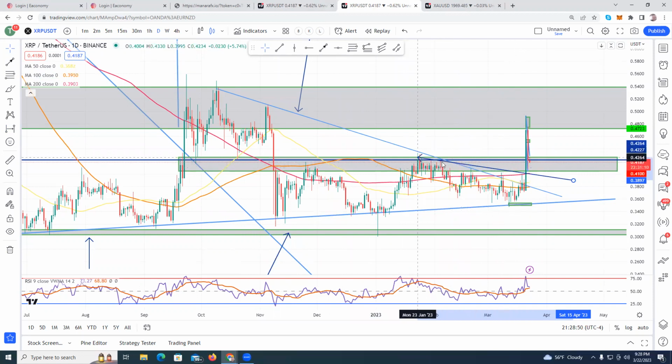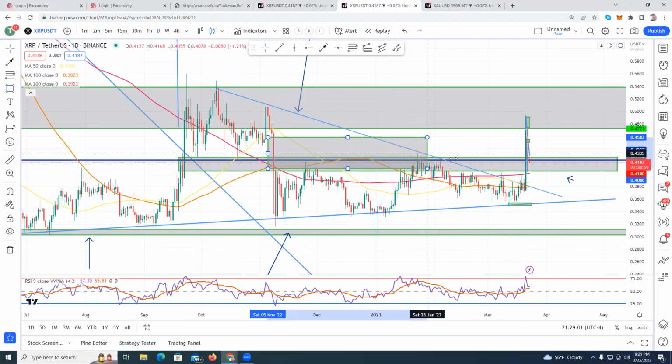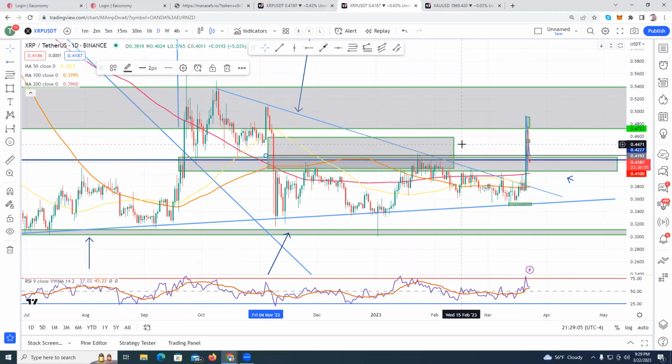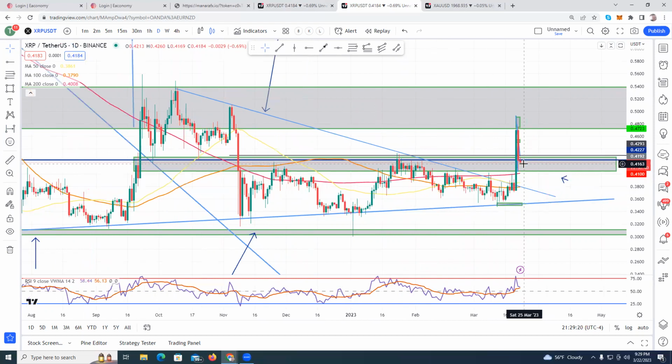We have a resistance area here, which represents 50% of this imbalance, right? You guys see that? 50% of this imbalance of this down move here was respected here. Price respected it, came down, created a higher low before pushing up and now creating a higher high.